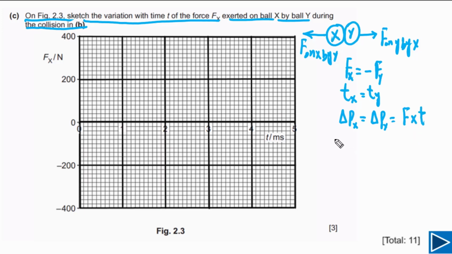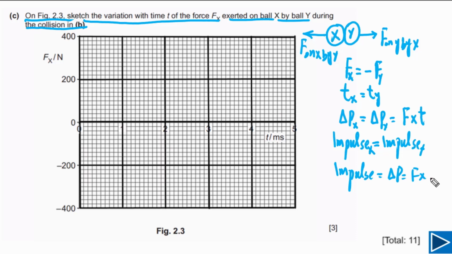So from here you can also say that impulse on X is also equal to impulse Y. Impulse is also simply equal to change in momentum, or simply you can say this is equal to force times time.